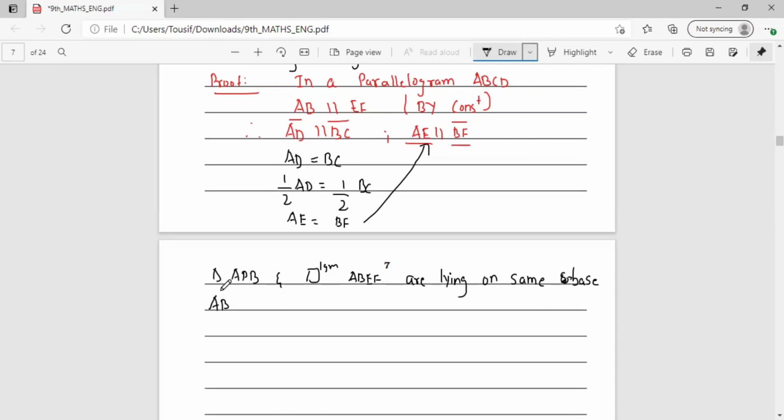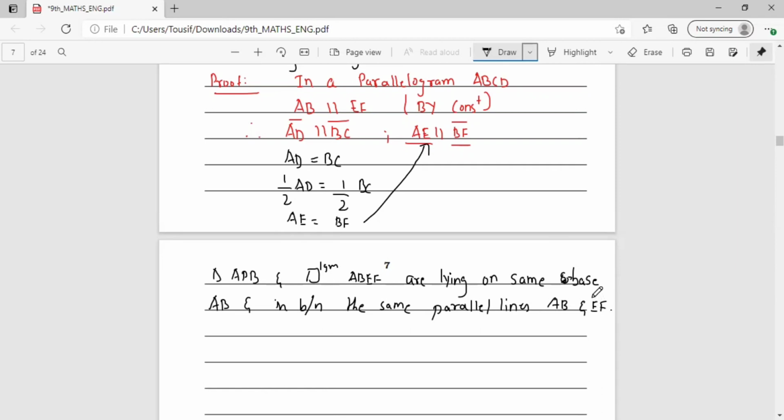And the triangle and parallelogram lie between the same parallel lines. Which are those parallel lines? Obviously, AB and EF.